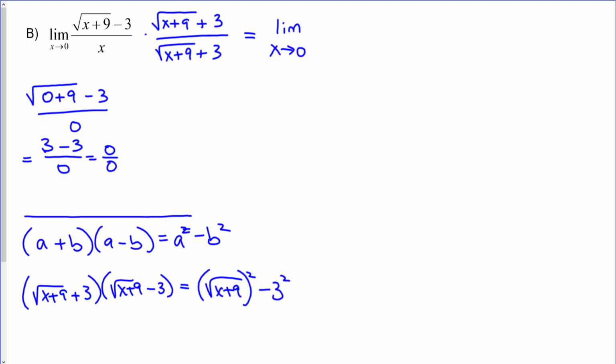When you square a square root, the square root disappears. Now 3 squared is just 9, so the result here is just simply an x.